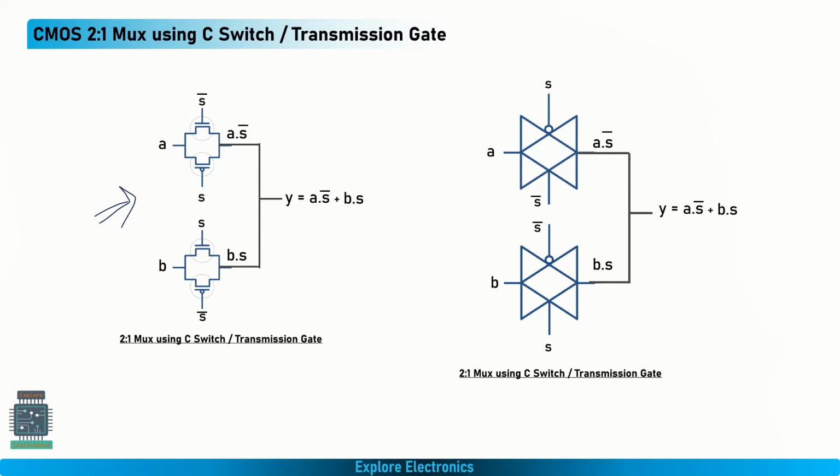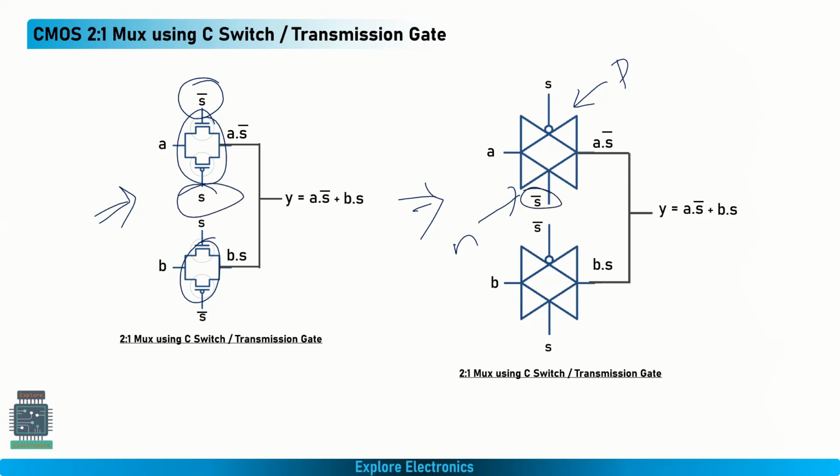This structure we have seen so far already, and if you want to replace these two by a symbol, it looks like this. This is the symbol where this end will be the P transistor gate, and this end will be the N transistor gate. So here, to the N transistor we will be giving S bar. So here is S bar.